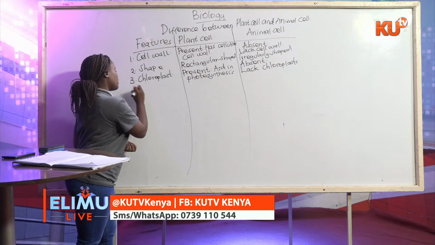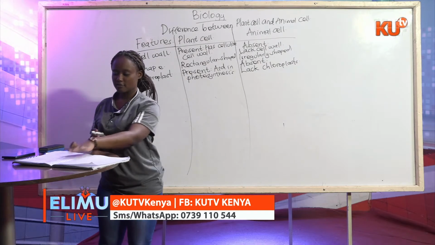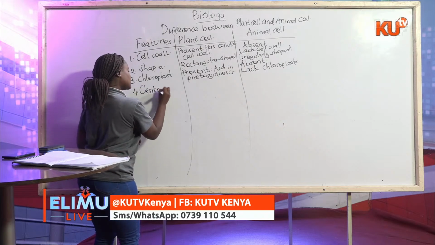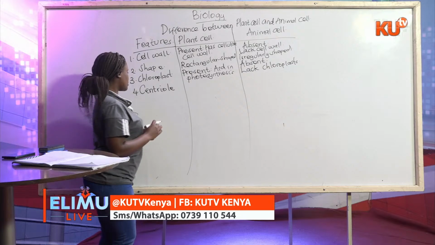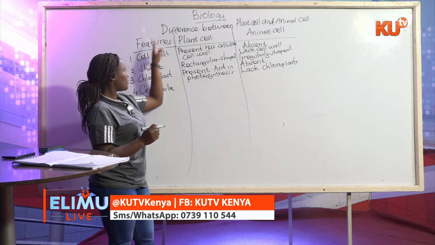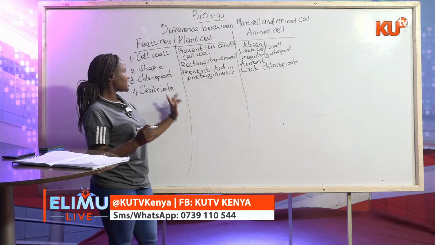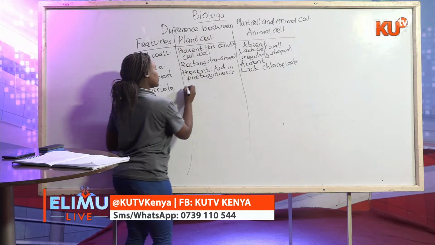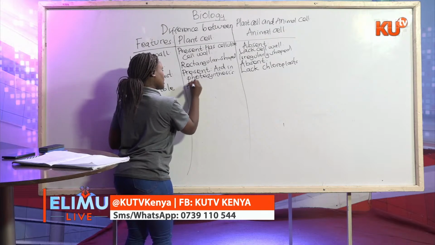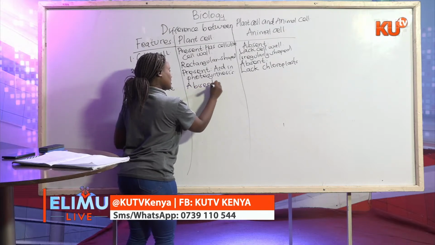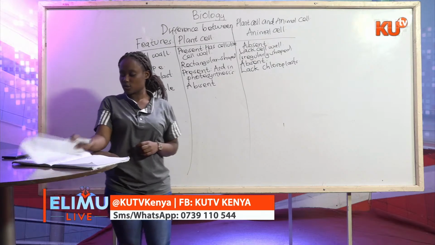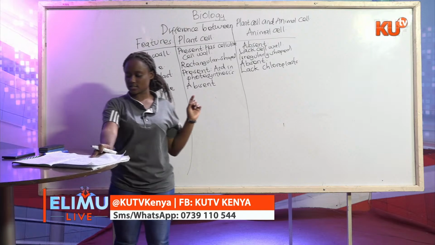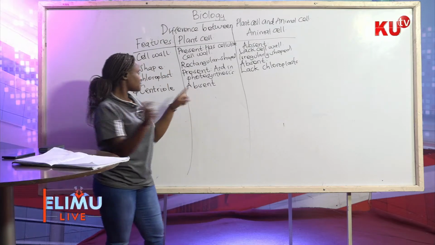Now we go to our fourth feature, we have the centriole. In plant cell, the centriole is absent, and in our animal cell, the centriole is present.